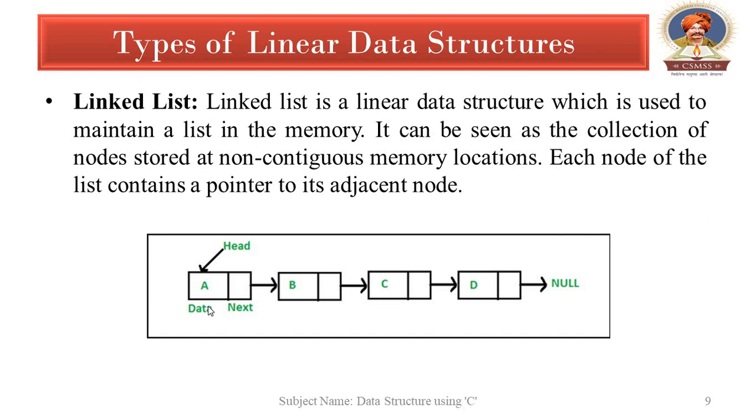The first one is called data and the second one is called next. The nodes are interconnected to each other. The first node is called the head and the last node points to null, which means here no node is connected.